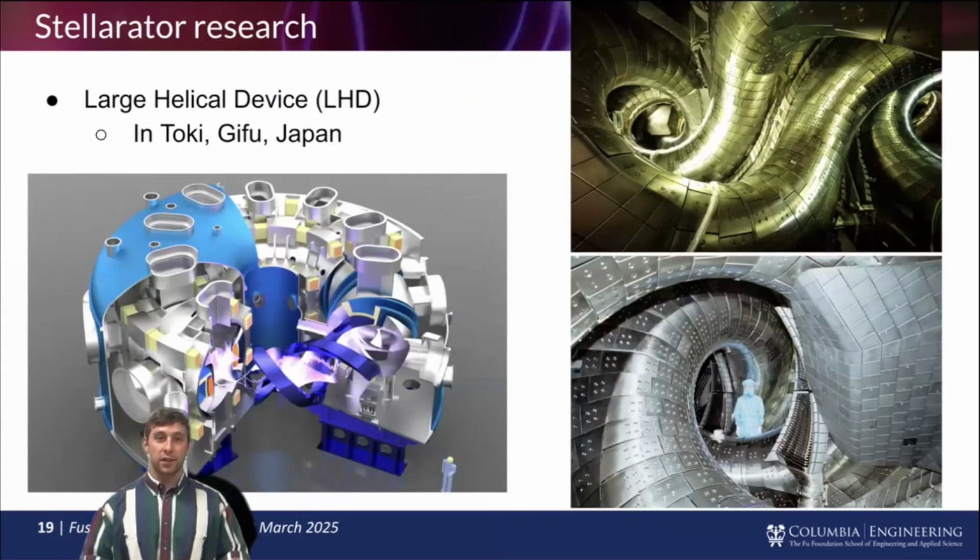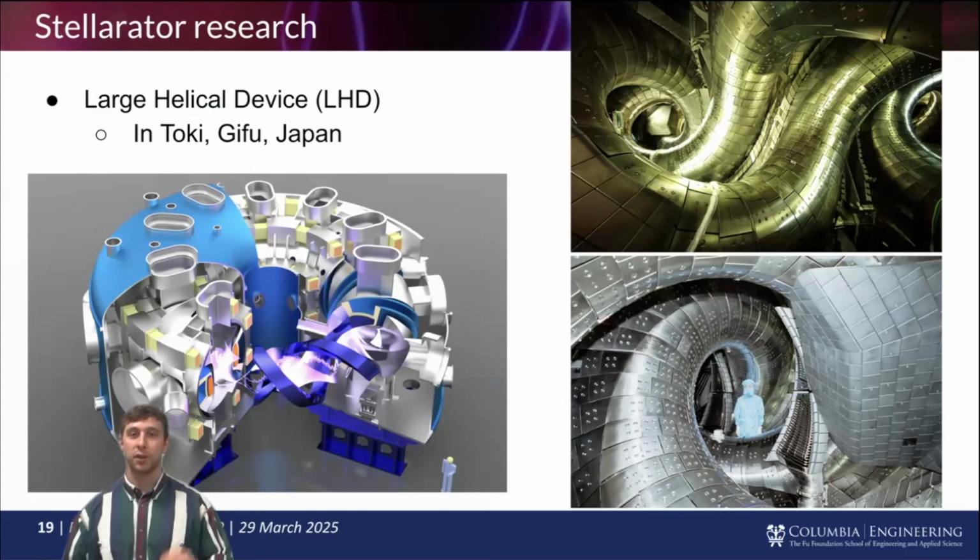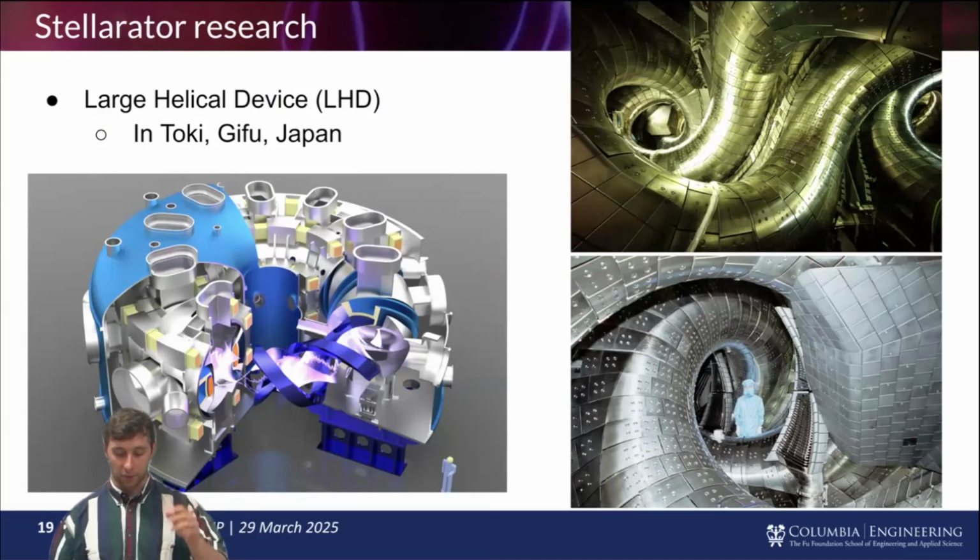Another major device that is being used to advance the stellarator concept is the Large Helical Device, which is in Japan. You can see again a mock-up of the device above my head. This device is cool because it's a torsatron, so rather than using the modular coils that are used in W7-X, it uses these helical coils that have this very cool shape if you look at the device from the inside, which you can see in the pictures on the right.